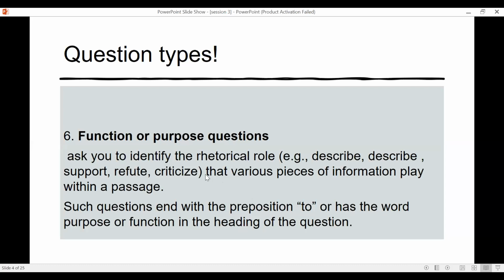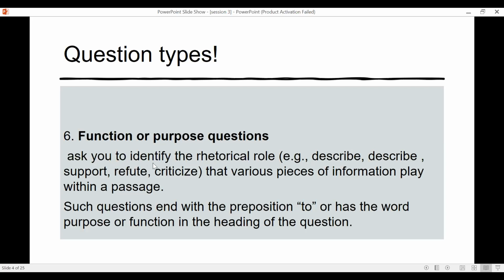What do they ask you about? They ask you to identify the rhetorical role. For example, to describe, support, refute, criticize.